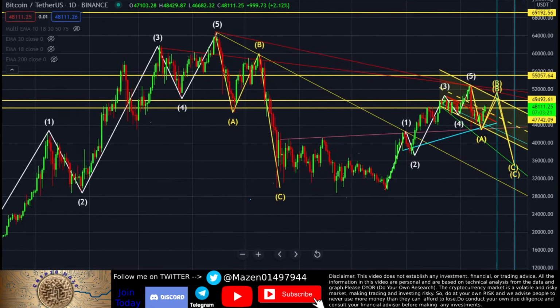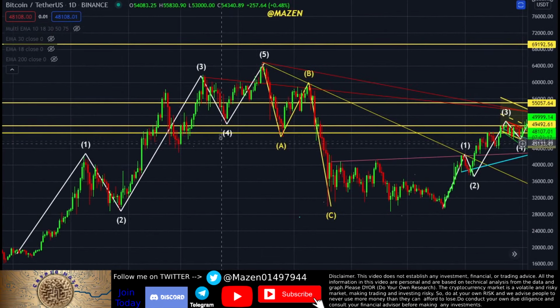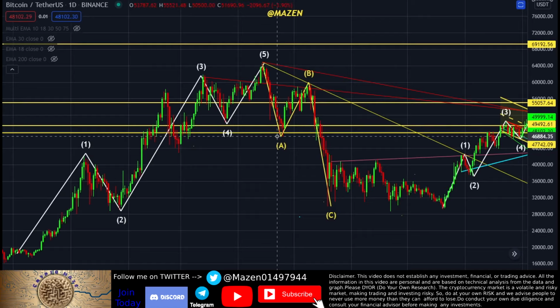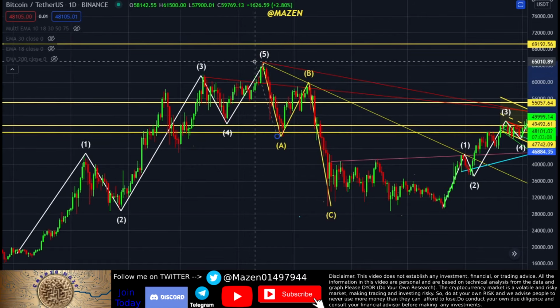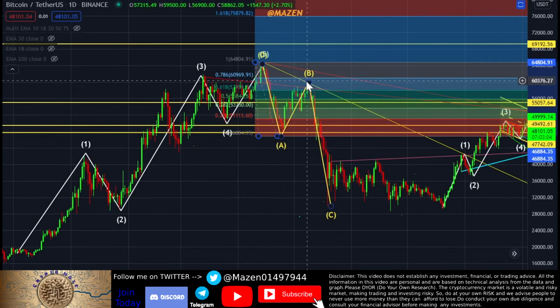And these ABC corrective waves, we can actually track them using our fib extensions. So after you reach your wave 5, you take your fib extension like this, from the bottom of wave A to the top of wave A, and then you draw your fib down like this, and as you can see, you get the exact fibs.